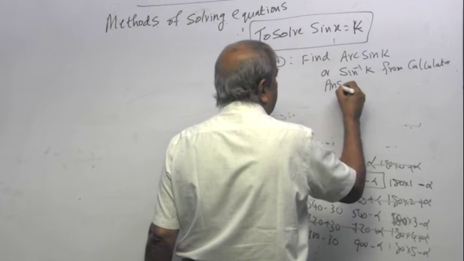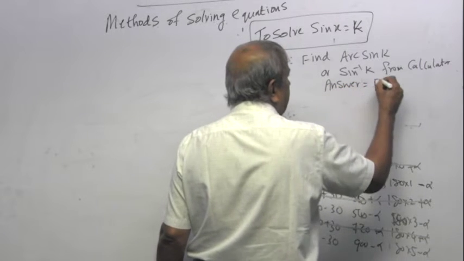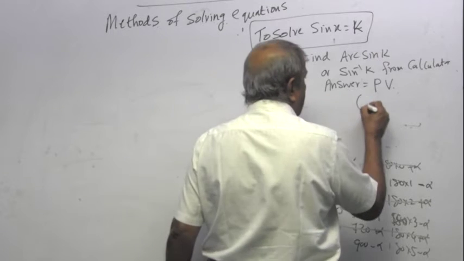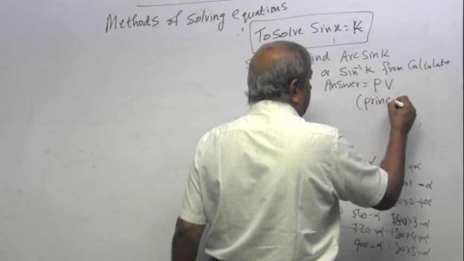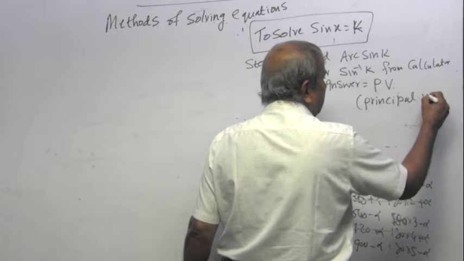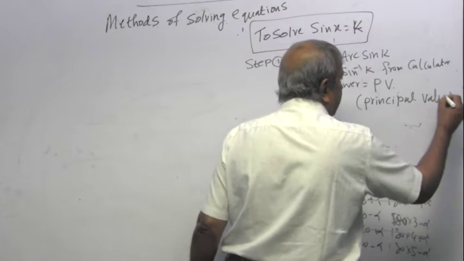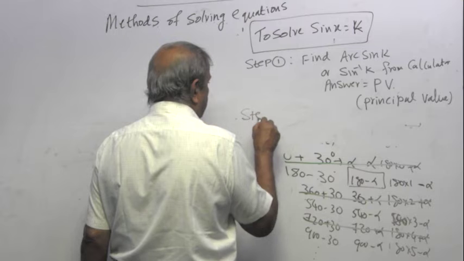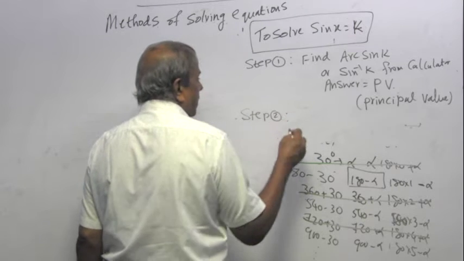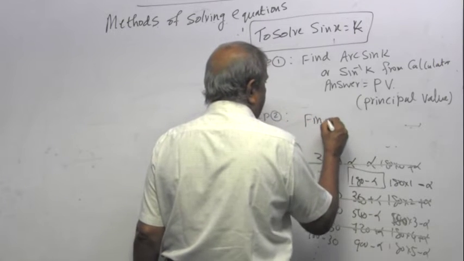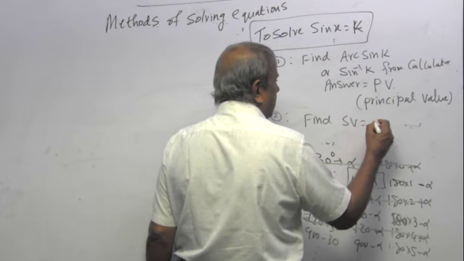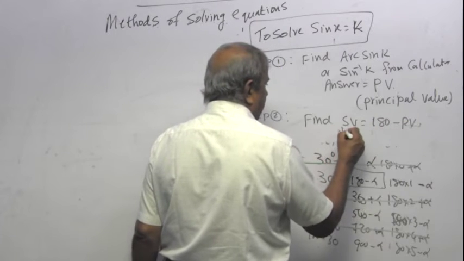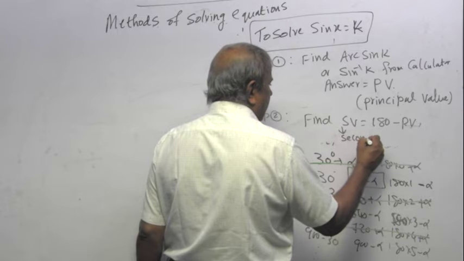Call the answer PV, principal value. Later on, when I read the other formula, I will just write PV and SV. Okay. Then step 2. Find SV equal to 180 minus PV. SV is secondary value.